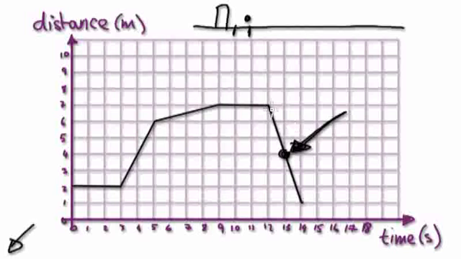Okay, again the speed is really the gradient of this, because what's going on here is that at time equals 12, the object is 7 meters away. So 0 here, 1, 2, 3, 4, 5, 6, 7. So the object is at 7 when time equals 12.